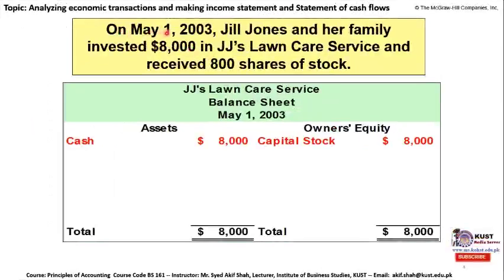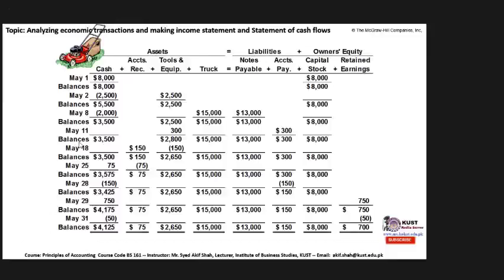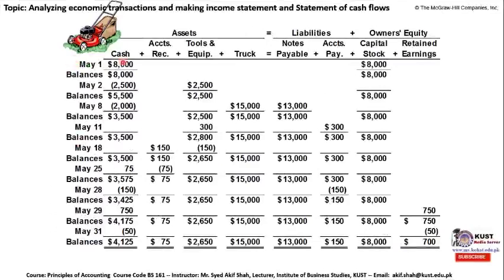Here it is: on May 1, 2003, Jill Jones and her family invested $8,000 in JJ Lawn Care Service and received 800 shares of stock. So cash was increased by $8,000, and on the right hand side, capital stock was increased by $8,000. So this is the way we are going to mention the impact of an economic transaction on the accounting equation.